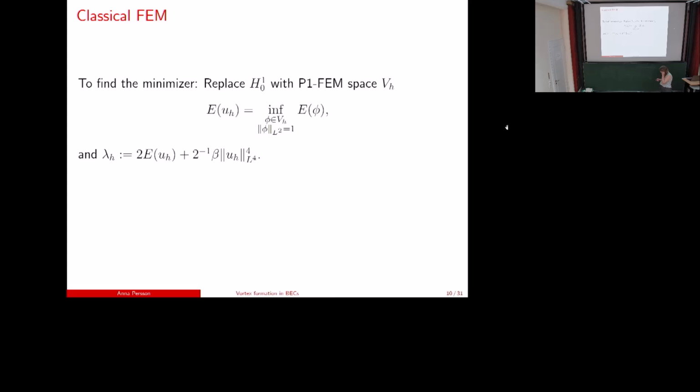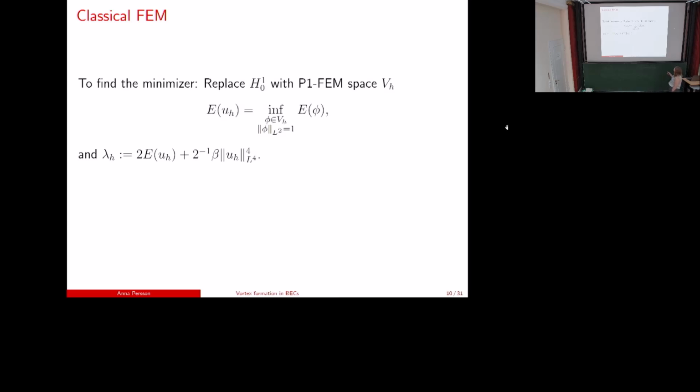Okay, so now let's discuss the finite element method, or how do we actually compute these minimizers. So instead of having this infinite dimensional space, I will replace it by V_h here, which is the classical P1 finite element space of piecewise linear and continuous elements. And you just replace it over your minimization problem, and the corresponding minimizer is u_h.